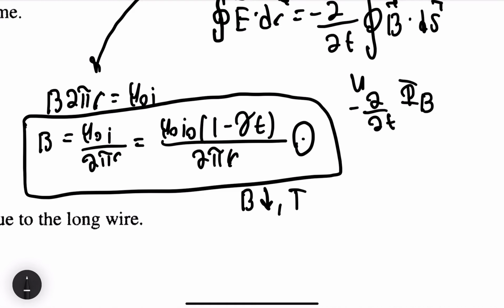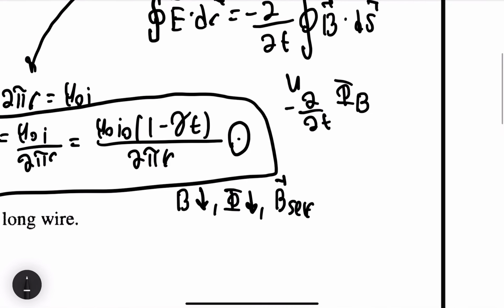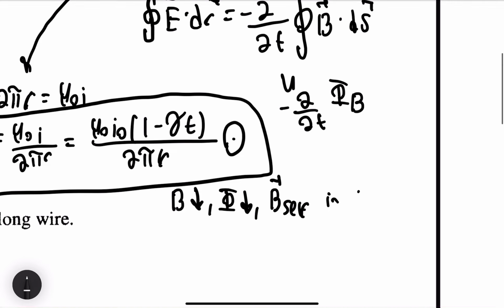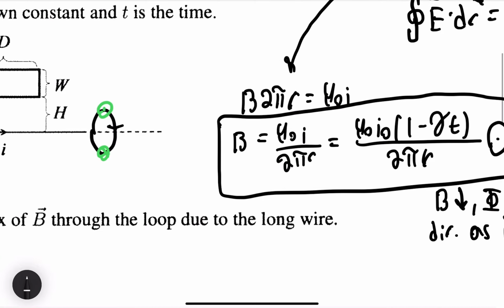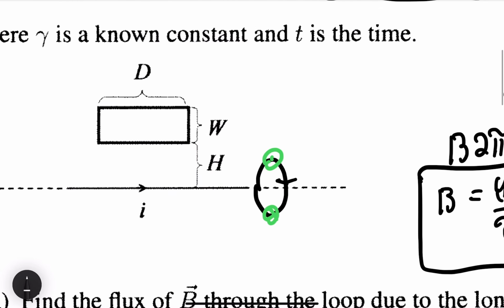Which means the flux is going to also decrease, which means B self, the magnetic field self-induced, is going to be in the same direction as B, which is out of the page. So then the current, if I put my thumb in the direction of the magnetic field, right, pointing out, current is going to be counterclockwise. So the current induced will be up here in the counterclockwise direction.